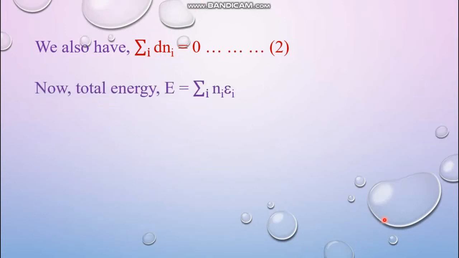Now the total energy expression E, we know, is sum over i of n_i epsilon_i, and if we take the derivative of both sides, then it becomes dE equals d of this term.